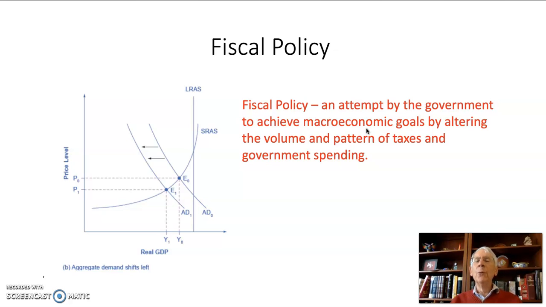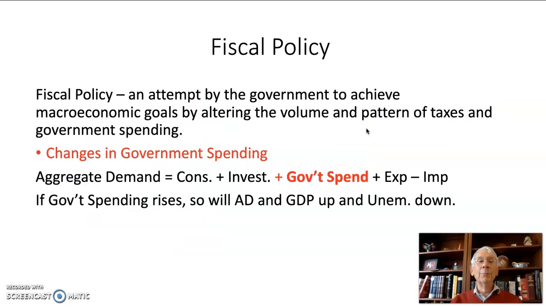Well, as I told you before, in macroeconomics, for some reason, things seem to come in three. So there are three types of fiscal policy. The first thing the government can do is change the amount that they are spending. So remember, aggregate demand is consumption plus investment, plus government spending, plus exports minus imports.